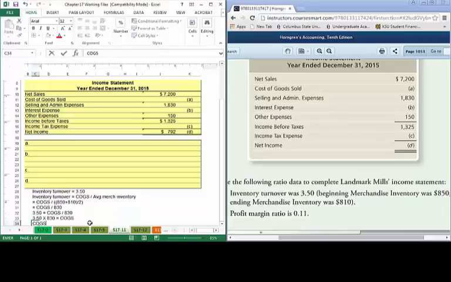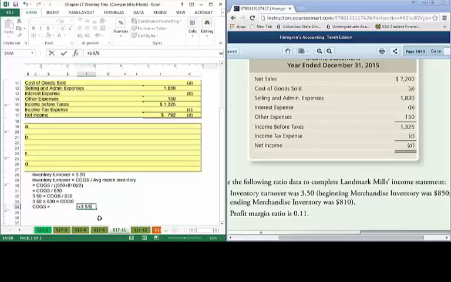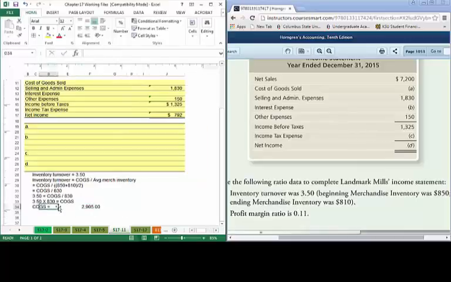My cost of goods sold is going to equal 3.5 times 830, which is $2,905. Okay. So that's my cost of goods sold.